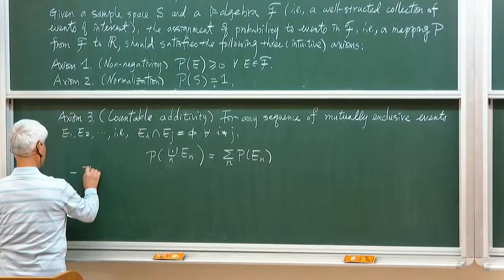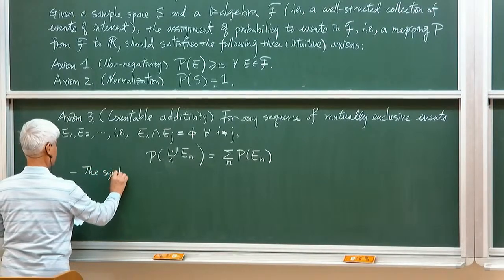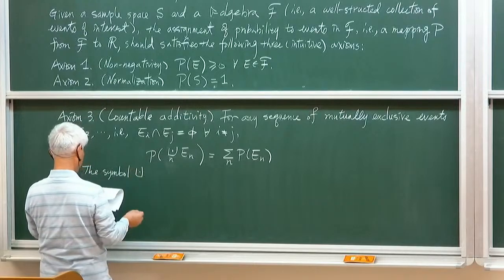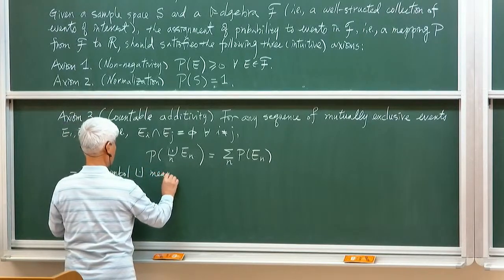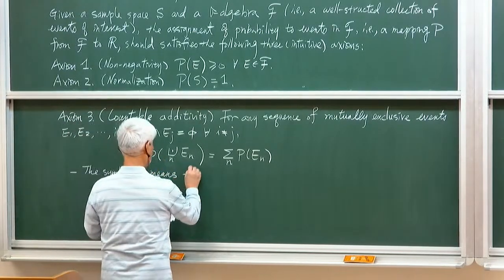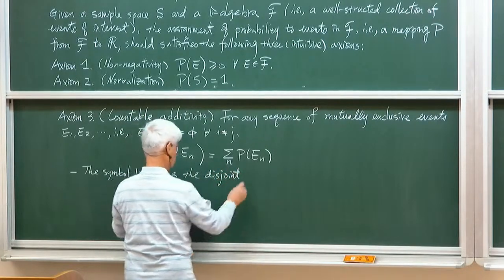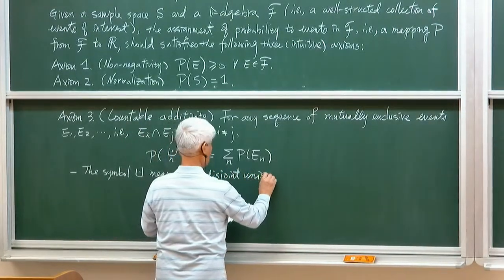Here, the symbol dot union means the disjoint union operator.